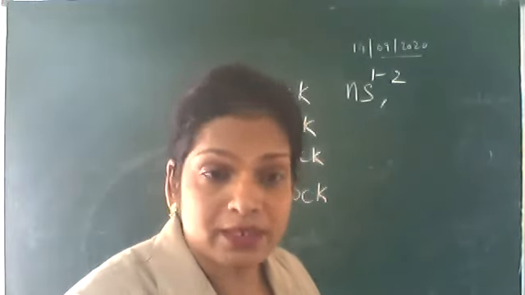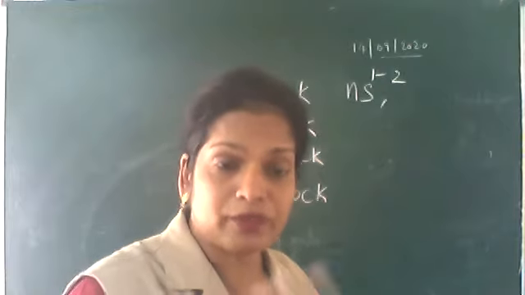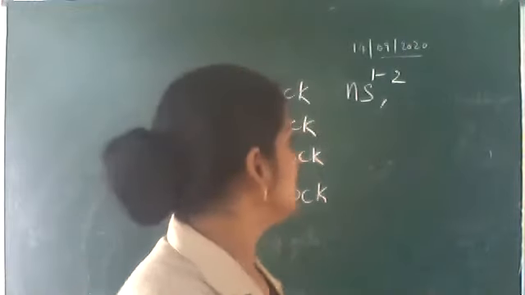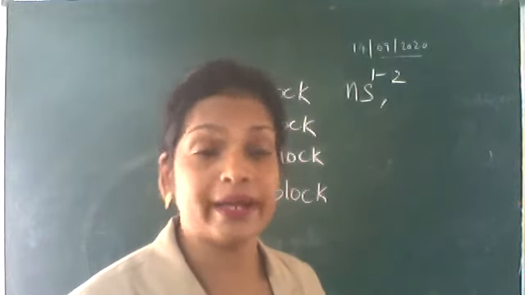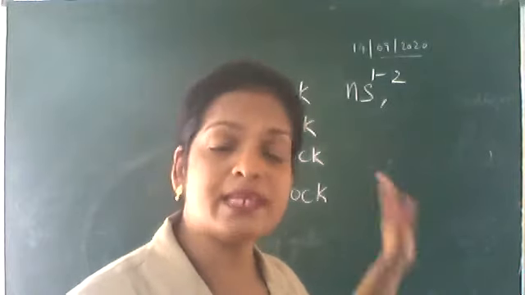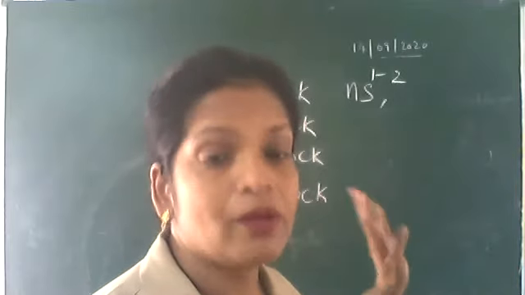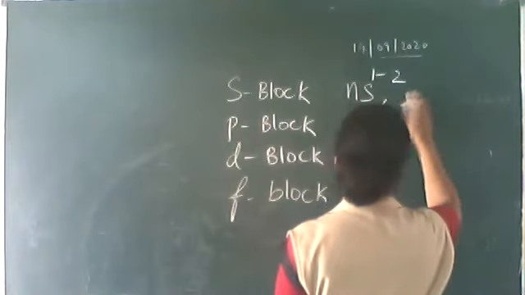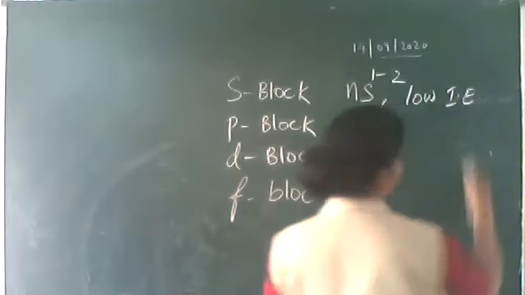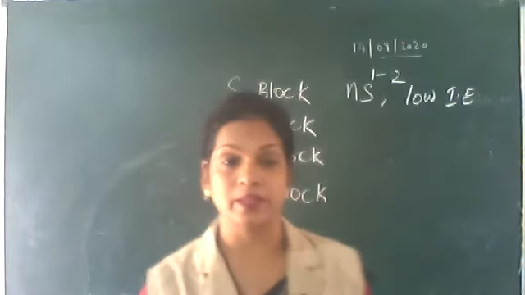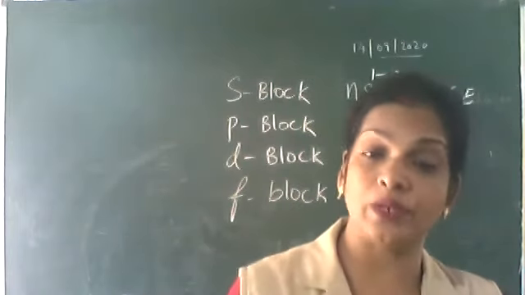The amount of energy that is required to remove that electron from the last shell, that is called ionization enthalpy. So these S block elements have low ionization enthalpy. That is the amount of energy required to remove that 1 electron or those 2 electrons.